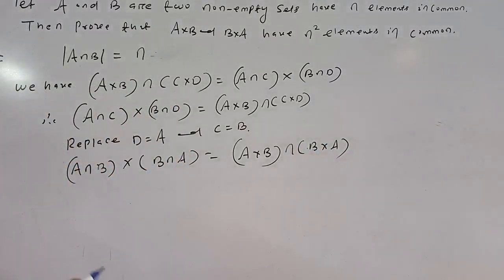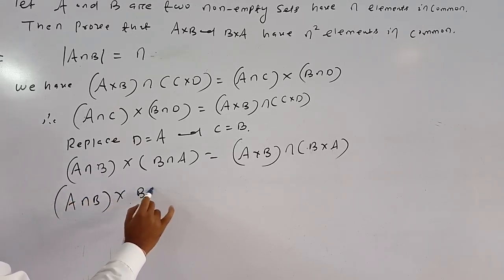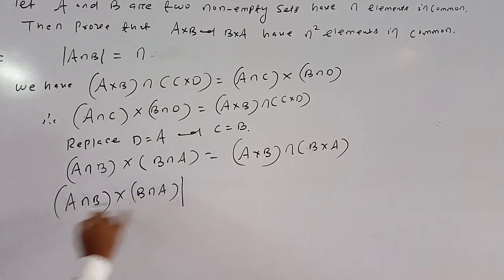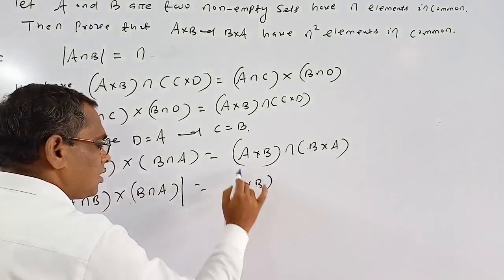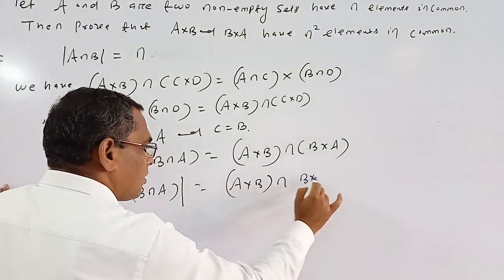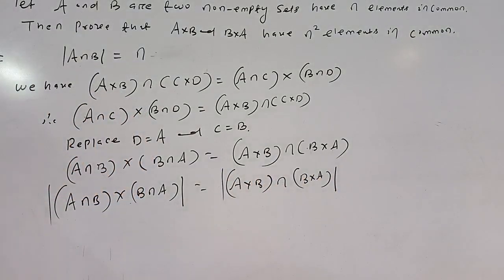Okay, do you understand? Now we take its cardinality. So the cardinality of (A ∩ B) × (B ∩ A) is equal to the cardinality of (A × B) ∩ (B × A), because we count the number of elements.